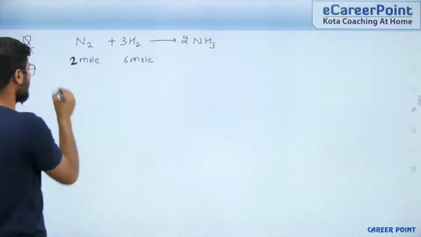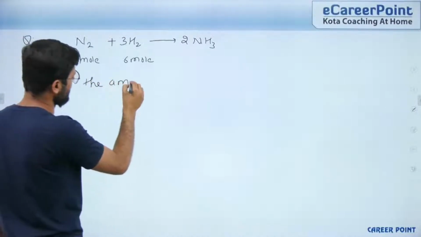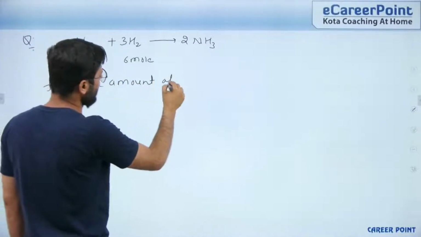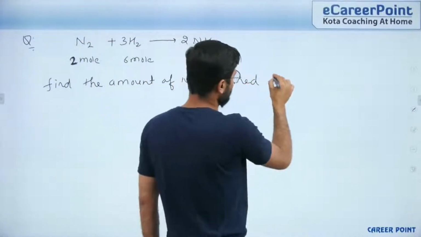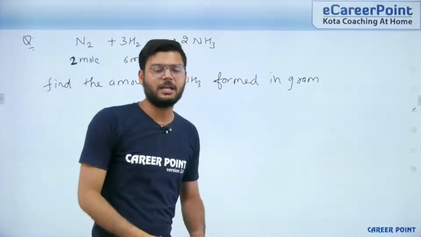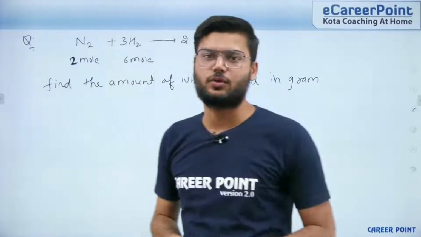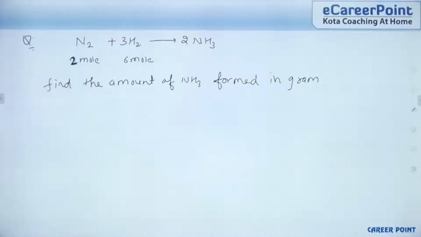Find the amount of ammonia formed in gram. Tell me how much ammonia is going to be formed in gram. Calculate it and let me know the answer. Try it once.